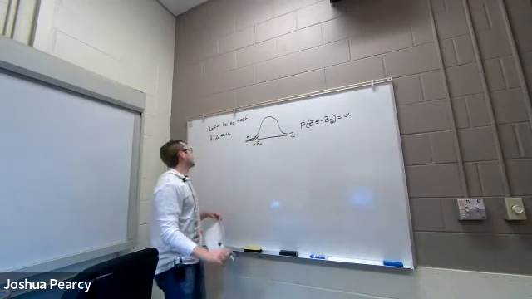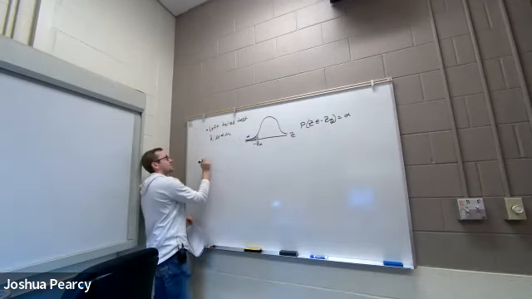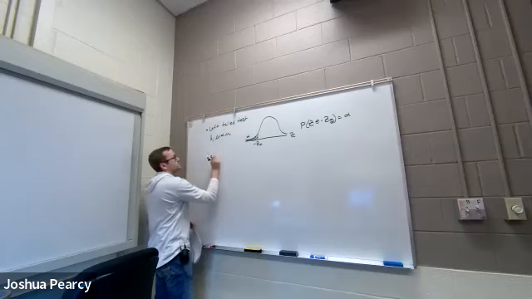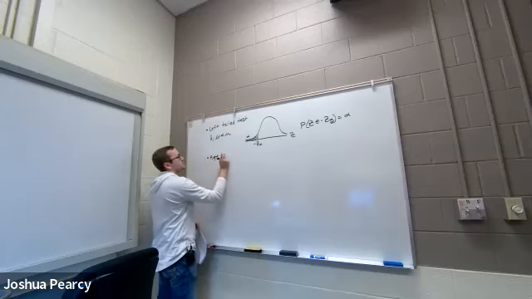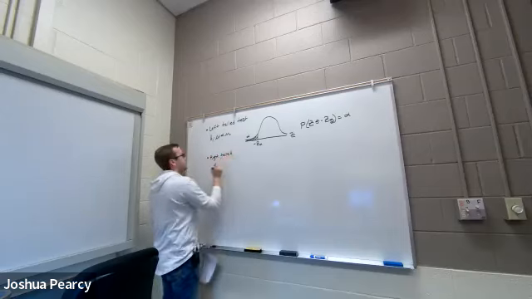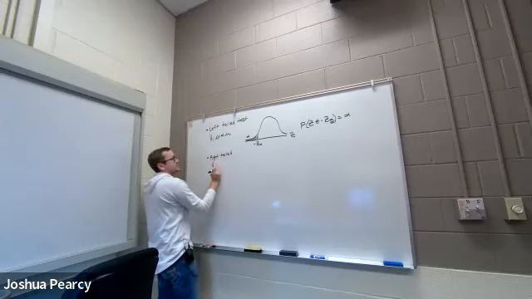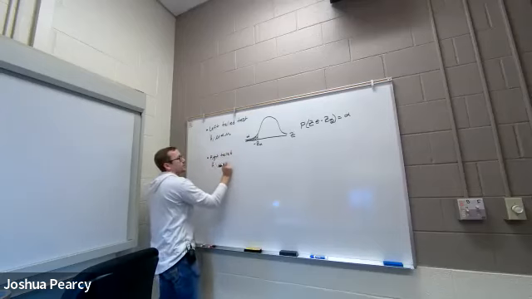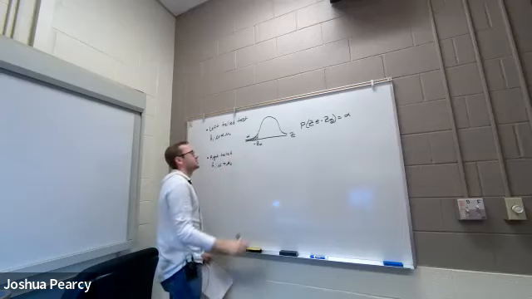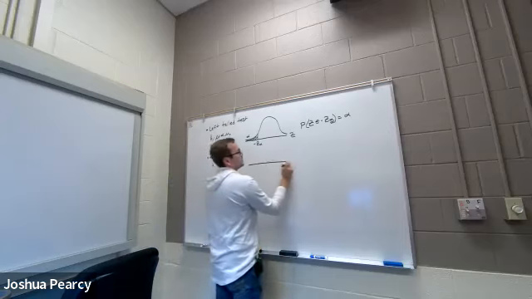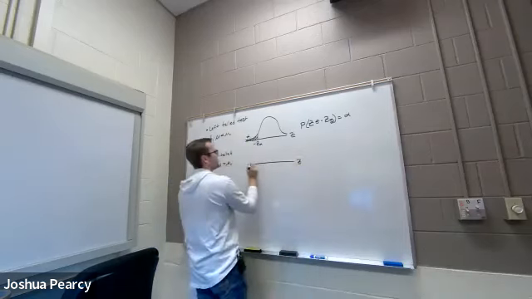The next one, doing the same idea, but switching it to the right-hand side. So for a right-tailed test, the alternative looks like this. Mu is greater than the hypothesized mean. And then again, you have the distribution of the Z scores.